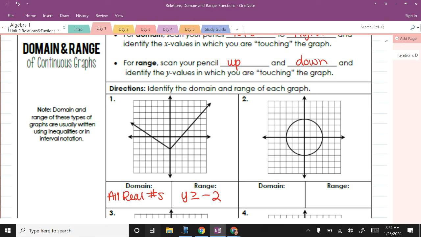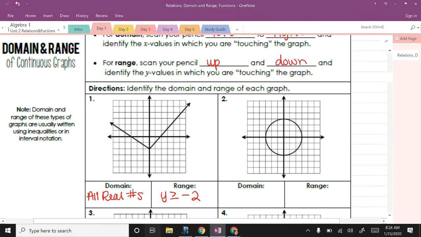It does go up forever after it gets past -2. Does that make sense? And since this is bolded, colored in on the graph, -2 is included. That's why we say or equal to. So the Y values on this graph are greater than or equal to -2, because it's going up forever after -2. Does that make sense?